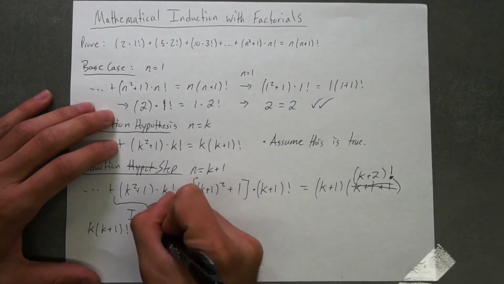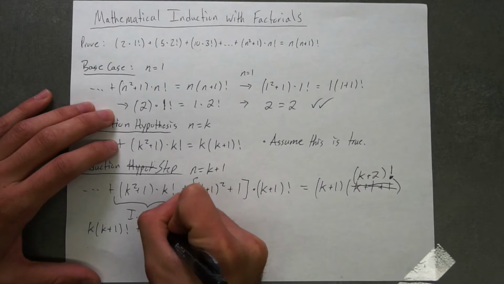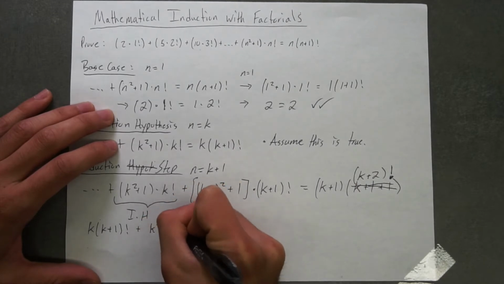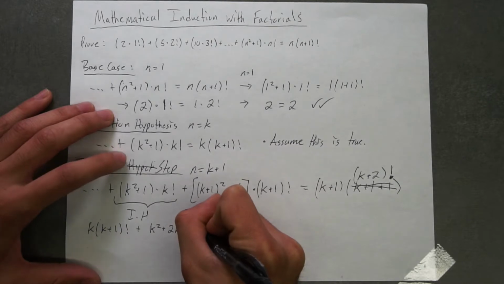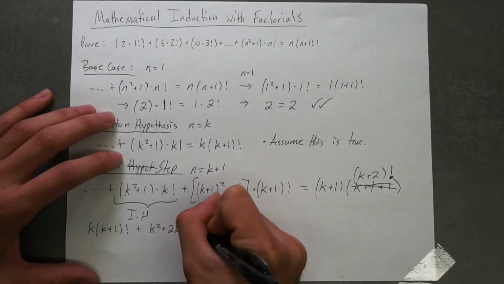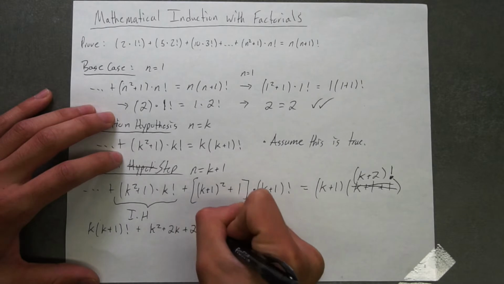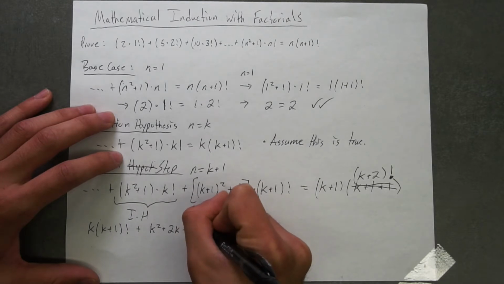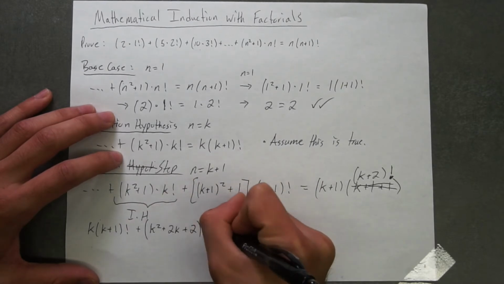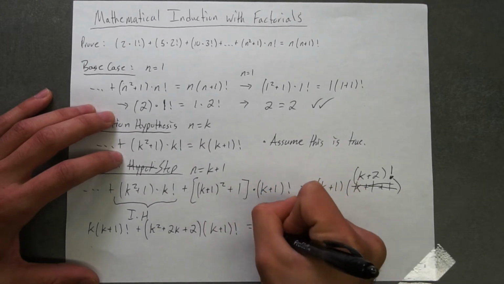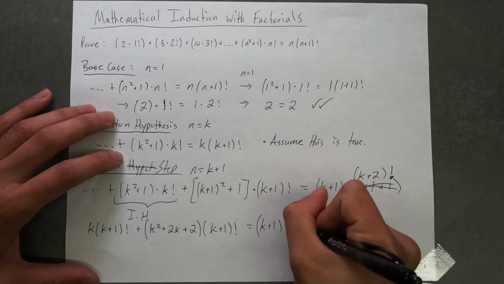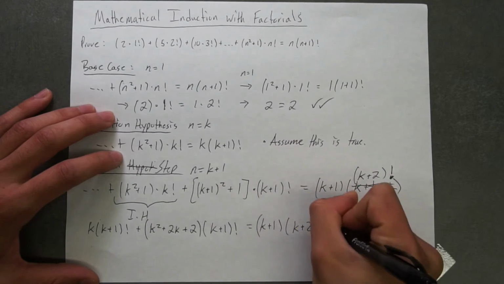So it's k squared plus 2k plus 1, well, 1 plus 1, so it's k squared plus 2k plus 2 multiplied by k plus 1 factorial. That's equal to k plus 1 times k plus 2 factorial.